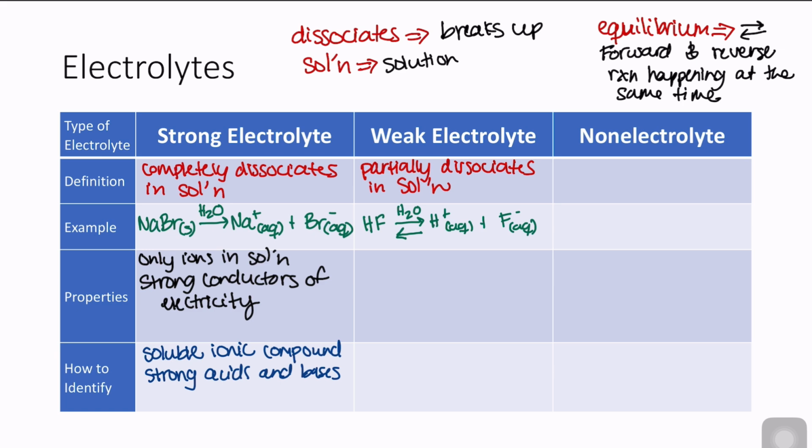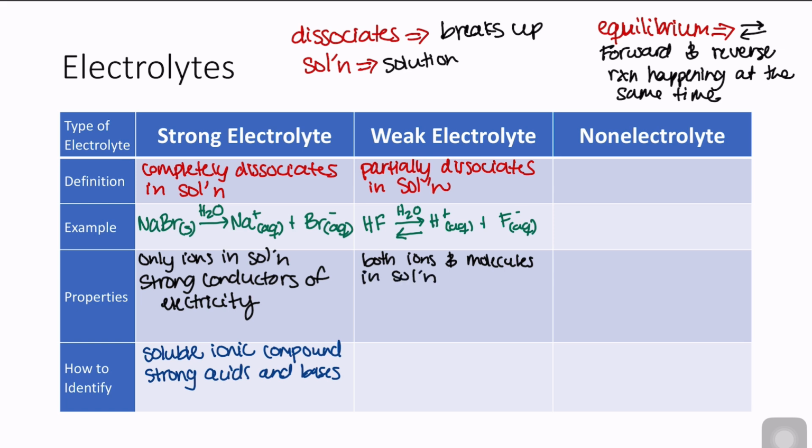And what's neat about equilibrium is that as soon as your reactants form the products, your products turn around and form the reactants. So you get this back and forth happening. So in solution, since my products are getting back together to make my reactants, we have both ions and molecules in solution.